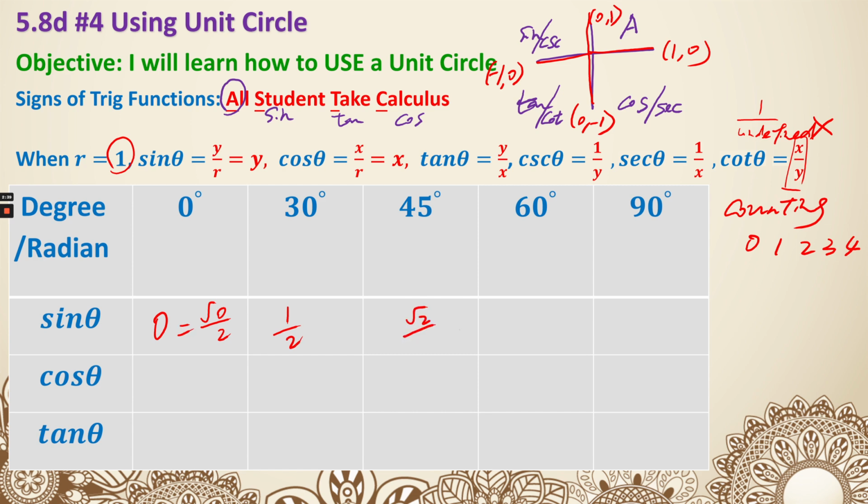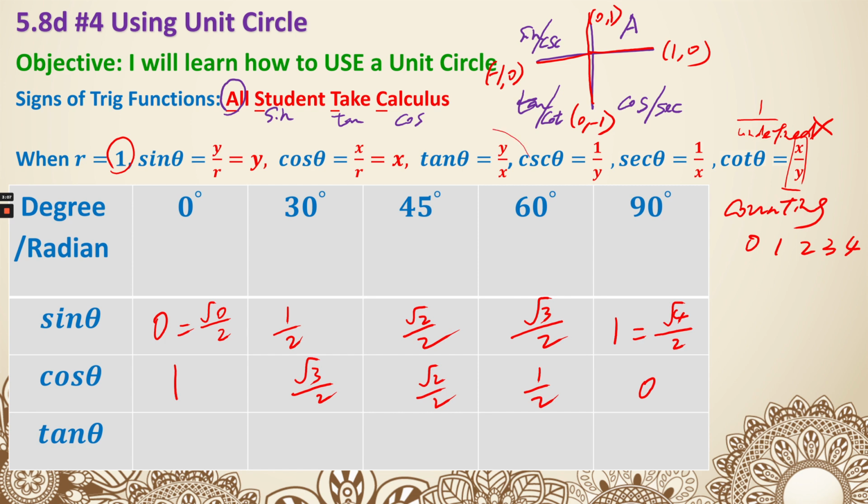Then square root of 2 over 2, square root of 3 over 2. And lastly, square root of 4 over 2, which is just 1. And cosine, you can either start from 90 and go down to 0 but still count 0, 1, 2, 3, 4, or you can just count backwards 4, 3, 2, 1, 0. So the 0 degree would be a 1, and the 30 degree would now go down to square root of 3 over 2, then square root of 2 over 2, 60 degree is 1/2, and 90 degree for cosine is going to be a 0.